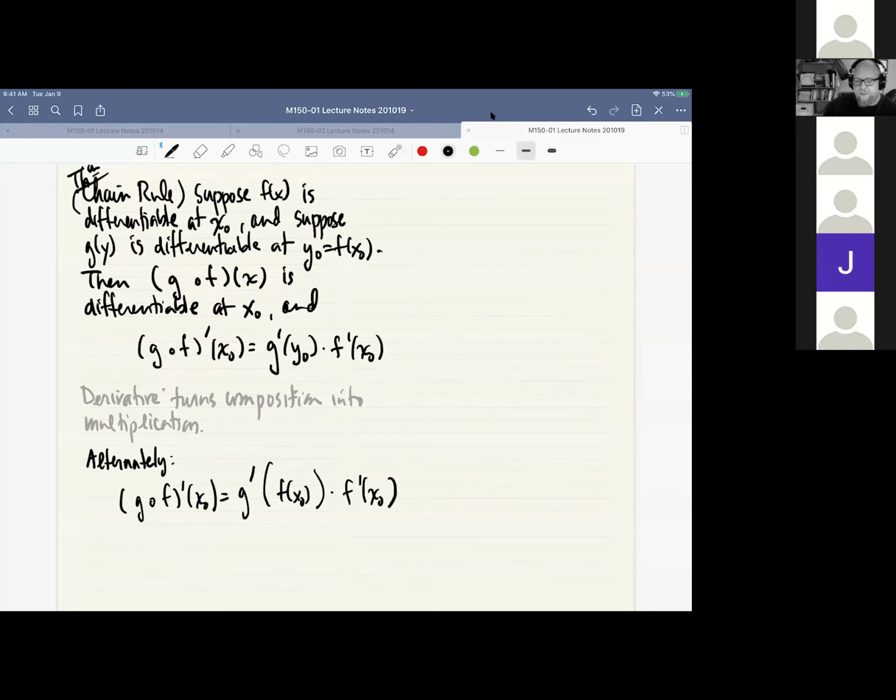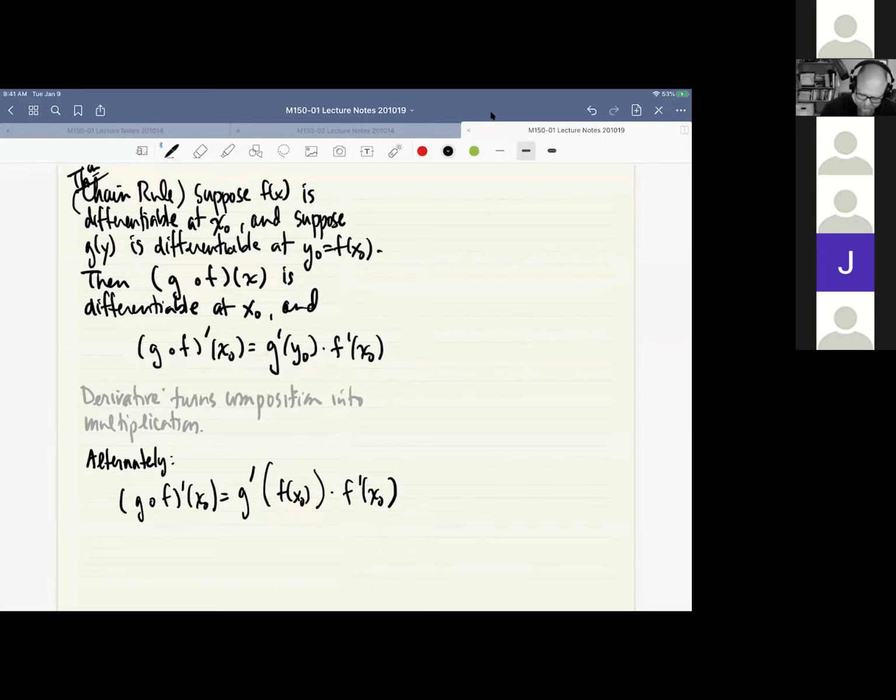So this is a way some people like to write down the chain rule because it reminds them that f is at play. This first way I wrote it down kind of hides the role that f plays in the first term, but here it makes it clear.